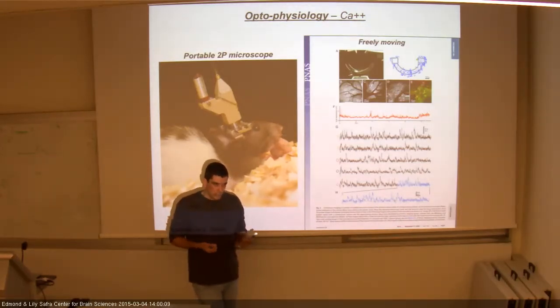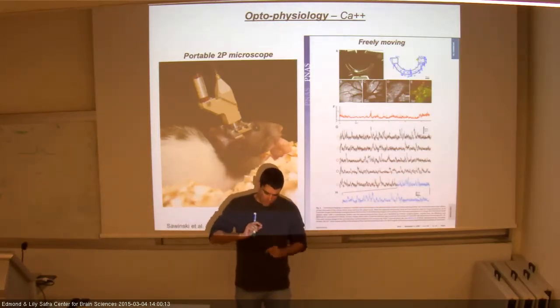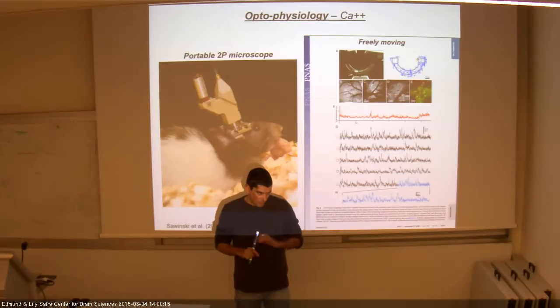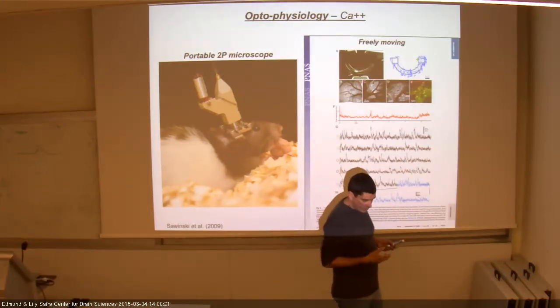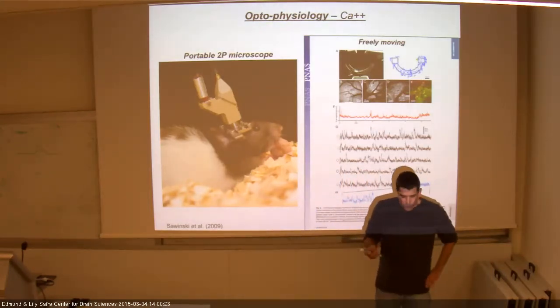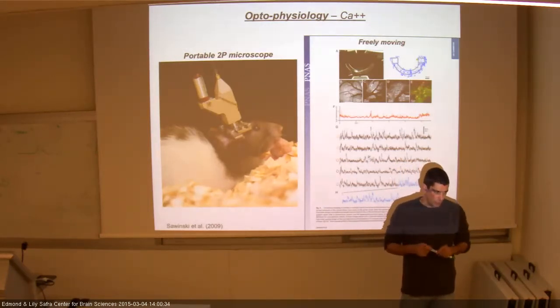To record electrically, you must penetrate physically into the brain. Some of these electrodes have silicon material on them so that they can record in good quality. But normally, frankly, I don't see many papers with more than 10, 15 good isolated recordings from these electrodes. In optical imaging, you can get hundreds of cells.